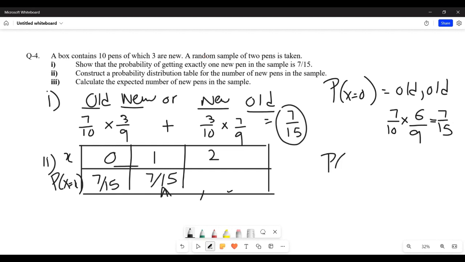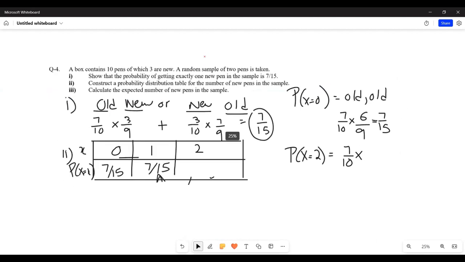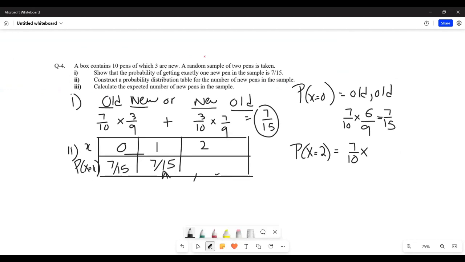Then the probability that both pens are new. So that would be 7 by 10 into, sorry, both pens are new, not old. So new and new.